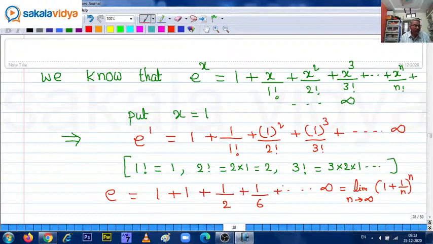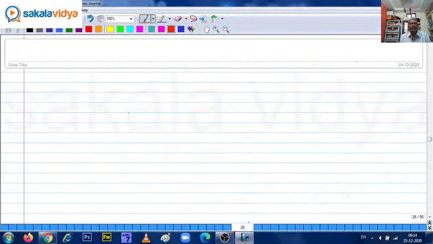If you simplify this value, you get e approximately equal to 2.718. This is the value of e. e is called an irrational number. One more note also, write down.